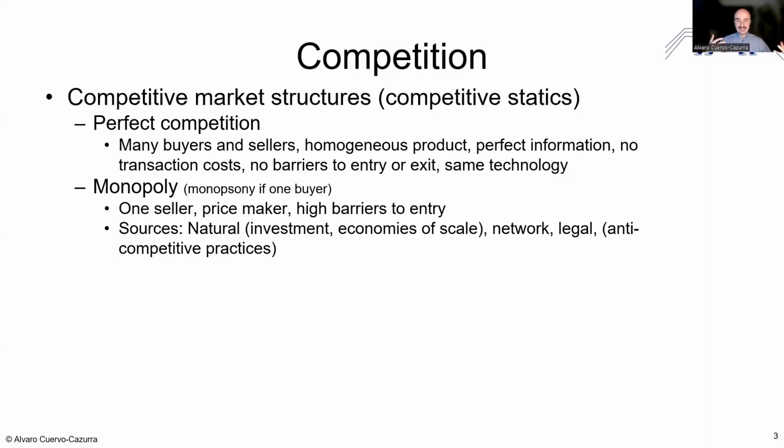Once everybody's in the network, it's very difficult for others to come in. Nevertheless, as we have seen, social networks do evolve, and in some cases there is some substitution of one for another. There is, of course, a legal establishment of monopolies, in which the government decides that it is better for society.